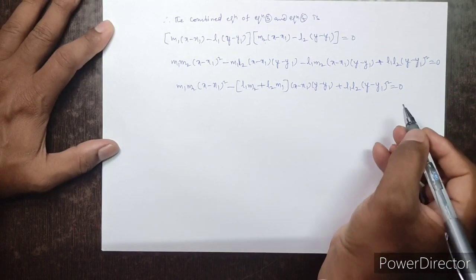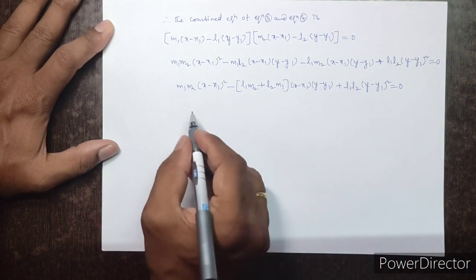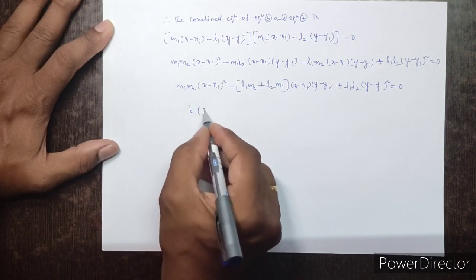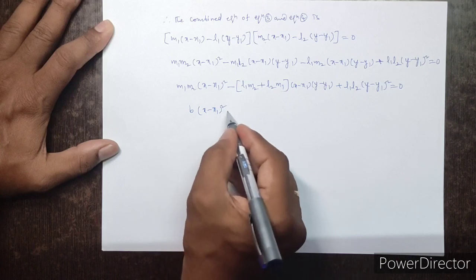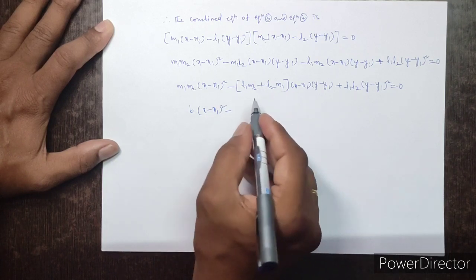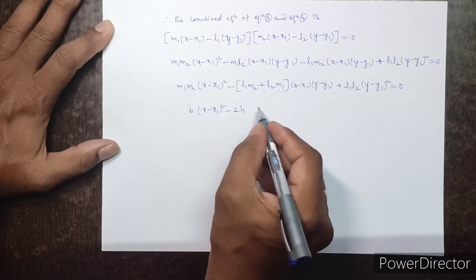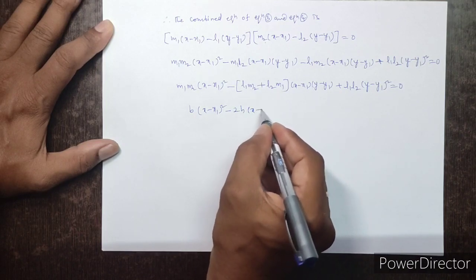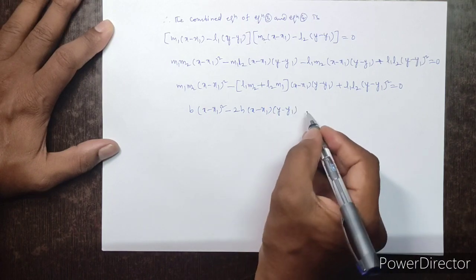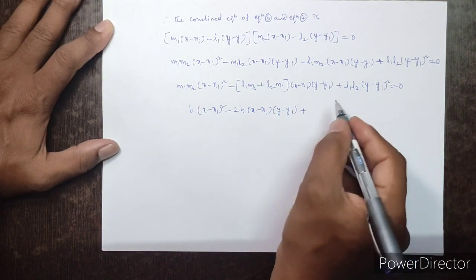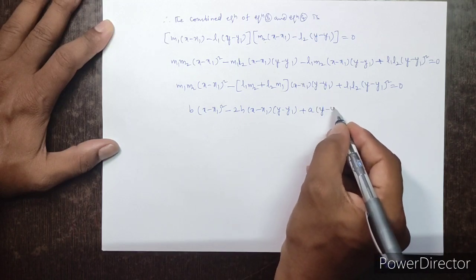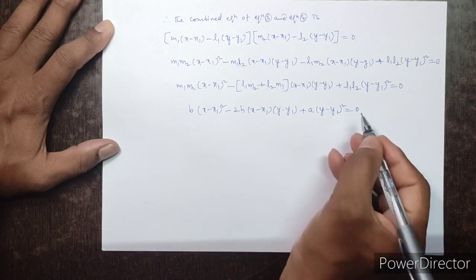So m1 m2 is nothing but b, b (x minus x1) whole square, minus, this l1 m2 plus l2 m1 is nothing but 2h, 2h of (x minus x1) into (y minus y1), plus l1 l2 is nothing but a, a (y minus y1) whole square equal to 0.